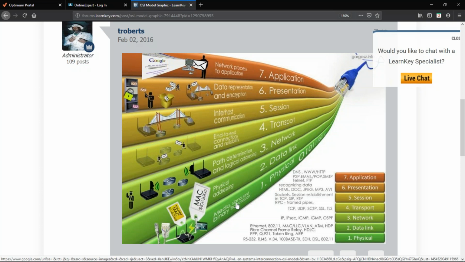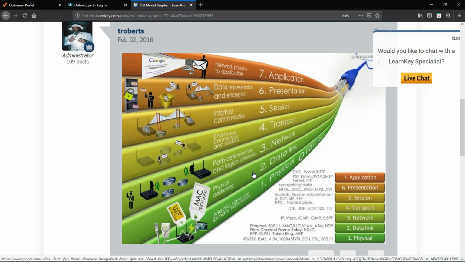So down here, layer 1 is going to be bits. It's your physical connection stuff, the stuff connecting to the wall, connecting to the actual devices, your connectors, your Ethernet cords, all your serial connections, all that stuff.